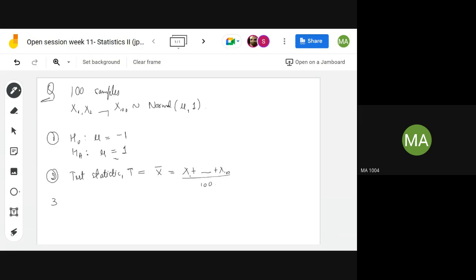Now the third thing is how are you defining your test? Here I am defining my test as: I will reject H0 if this T comes out to be greater than C, where C is a constant. So the question is, what is alpha and what is power?